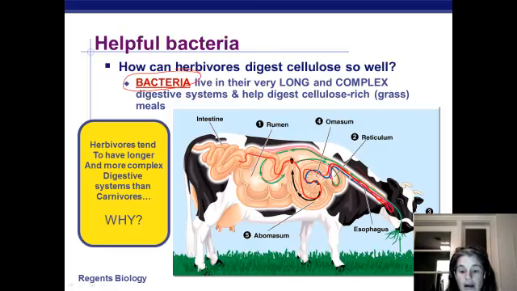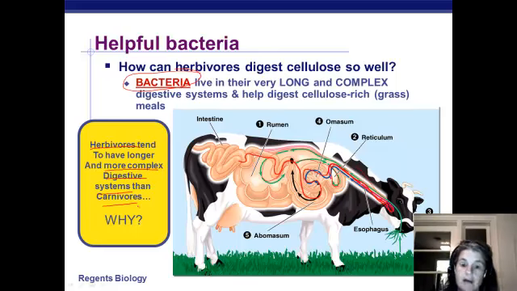And so they kind of percolate this food in their stomachs for a long period of time, allowing this bacteria to work. So herbivores tend to have longer and more complex digestive systems than carnivores. Why? Because it takes so much more effort to break down that cellulose. Animal material is so much more easy to digest than plant material is because of those cellulose cell walls.